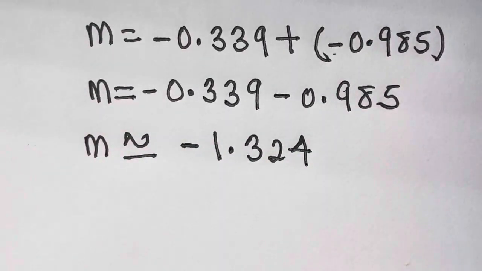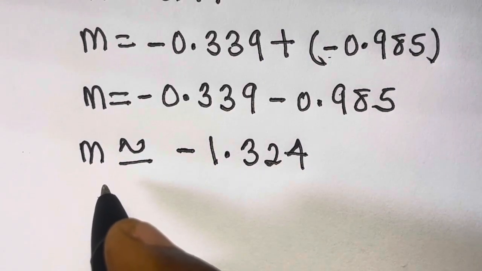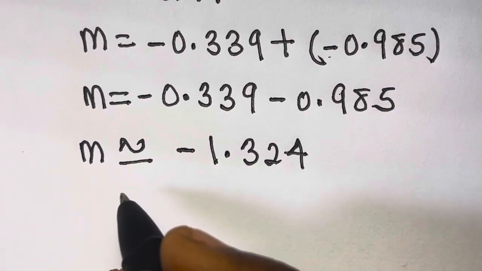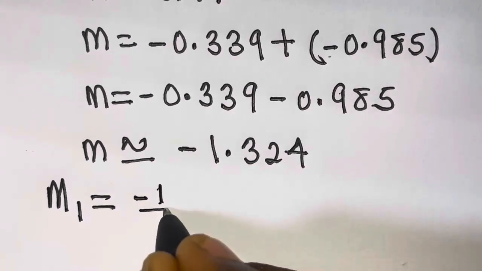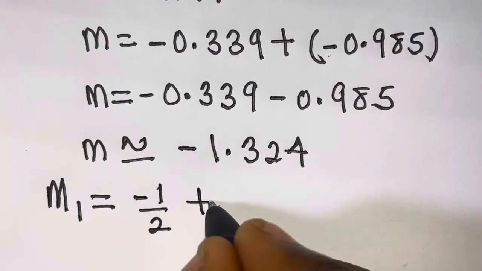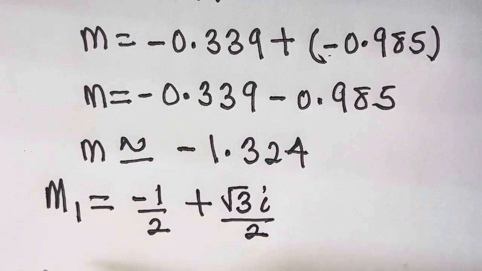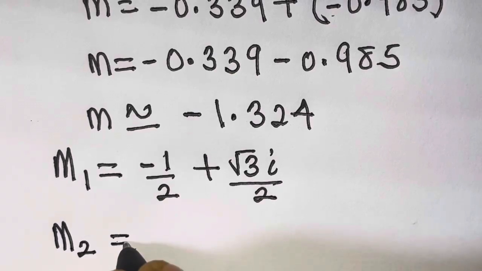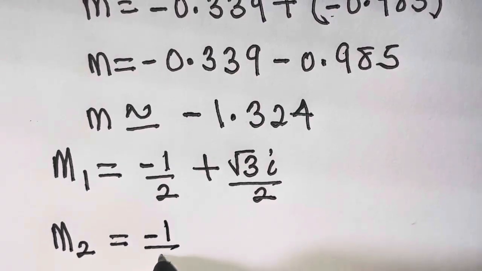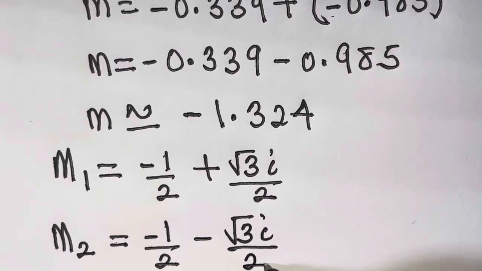So therefore, initially we got m equals minus 1 over 2 plus or minus square root of 3i divided by 2. So we have m1 equals minus 1 divided by 2 plus square root of 3i divided by 2, and m2 equals minus 1 divided by 2 minus square root of 3i divided by 2.